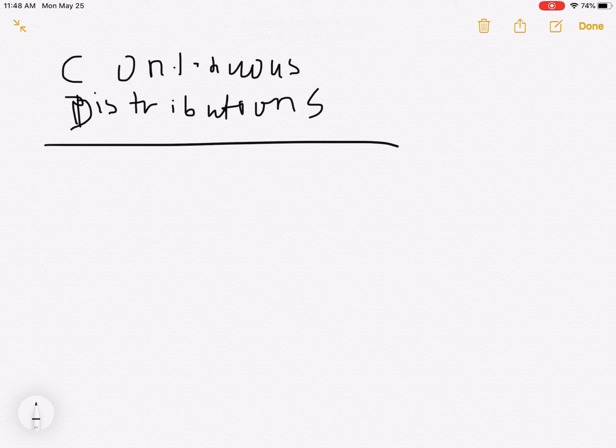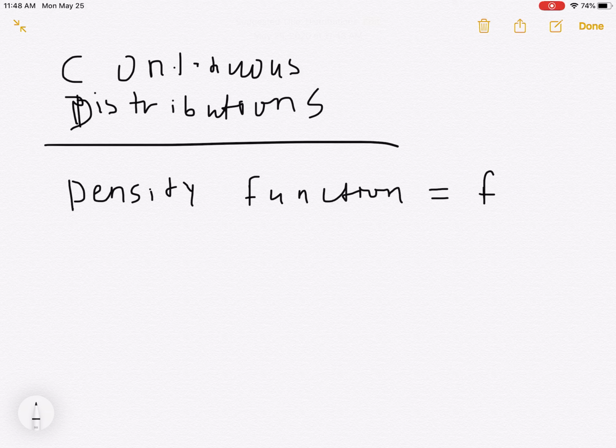Just one big difference for a continuous distribution is that there's a density function. Let's call that density function f of x, and the density function satisfies two things.